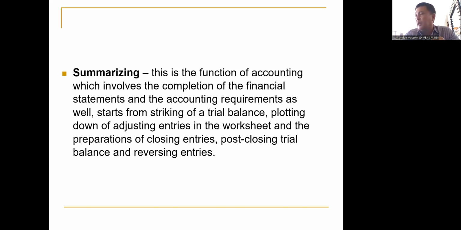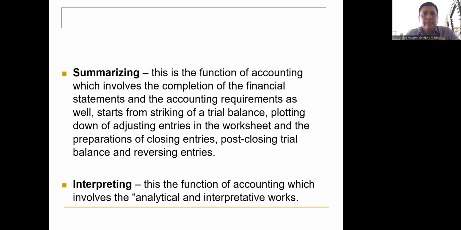Then post-closing trial balance, and then reversing entries. And the last function, which is interpreting, involves the analytical and interpretative work. This is done specifically by a certified public accountant.